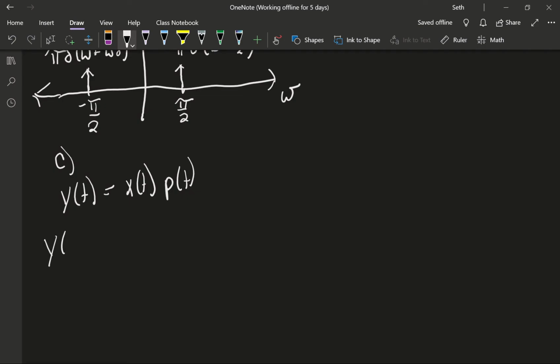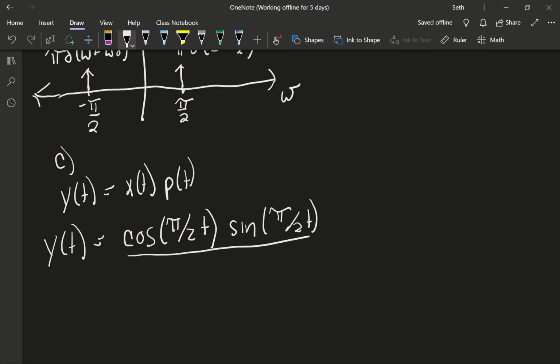So we're going to write y of t equals p of t, which is cosine of pi over 2 times t, and x of t is sine of pi over 2 t divided by pi t.